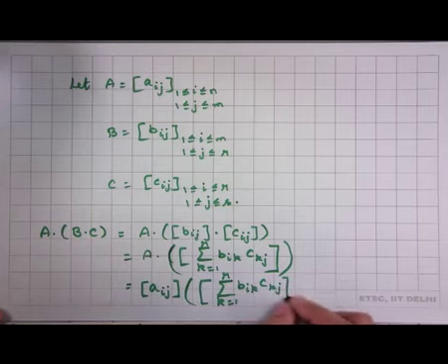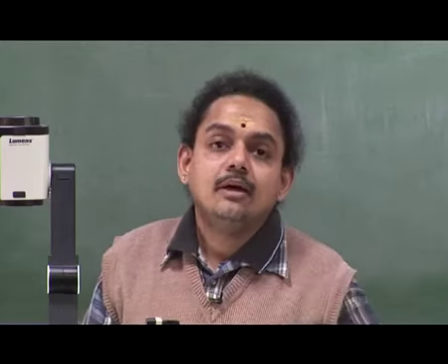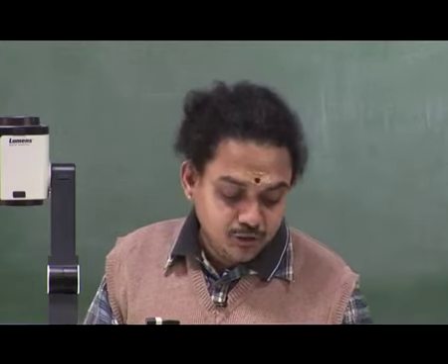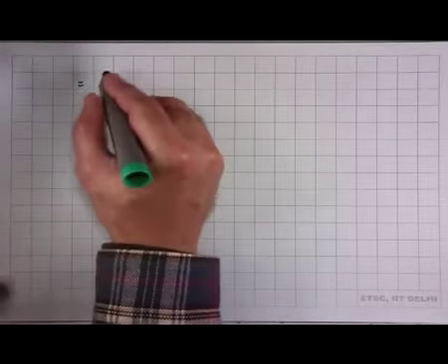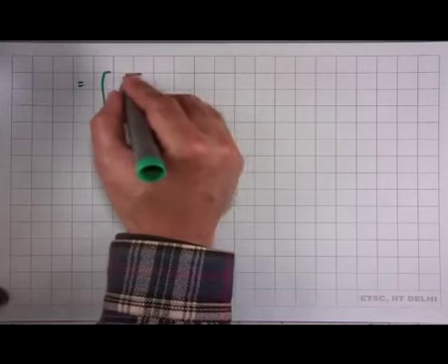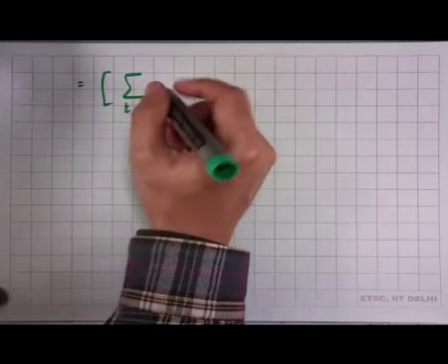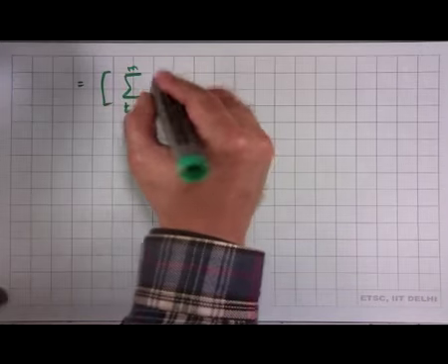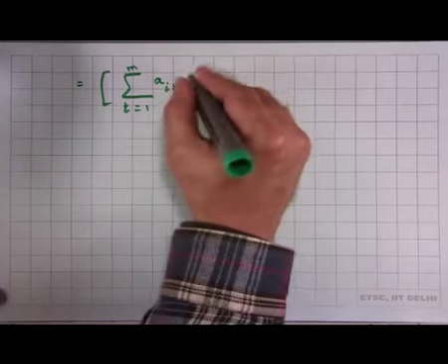Now, let us expand it out. Let us again multiply these two; the entry is going to be summation t running from 1 to m, a_it times the remaining.